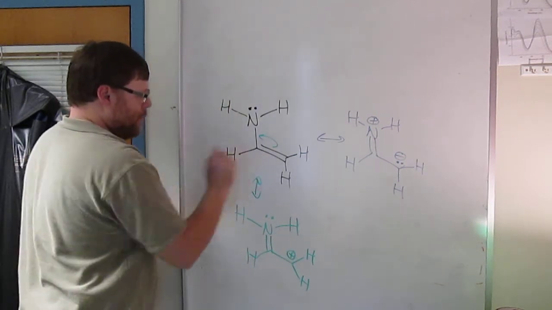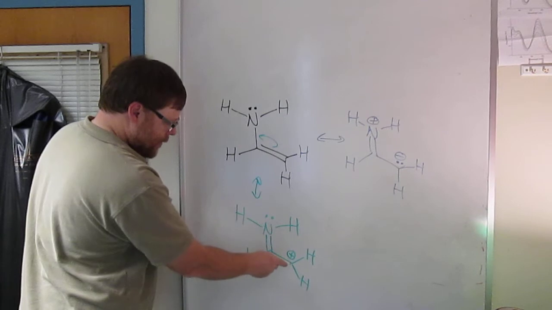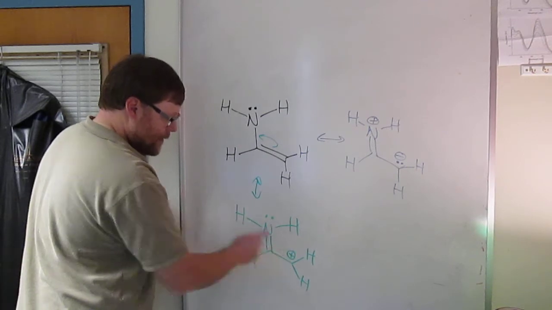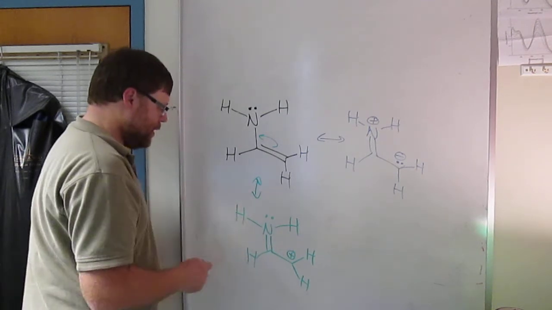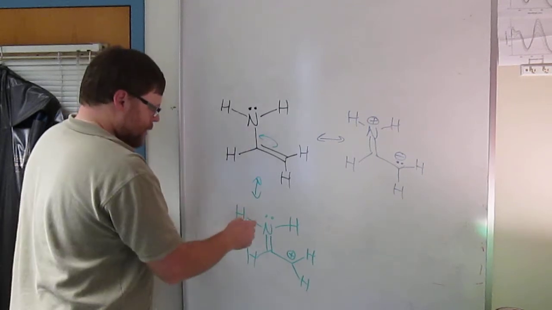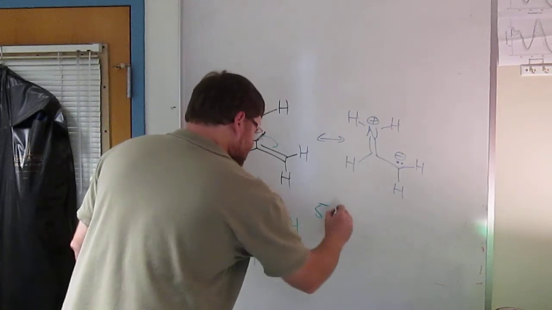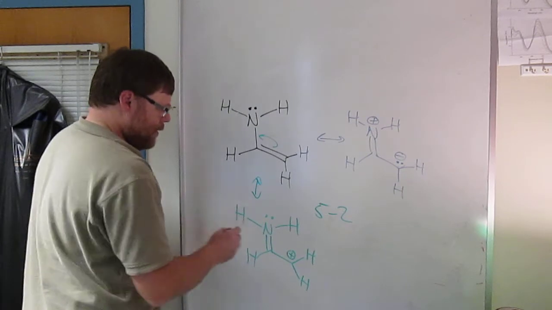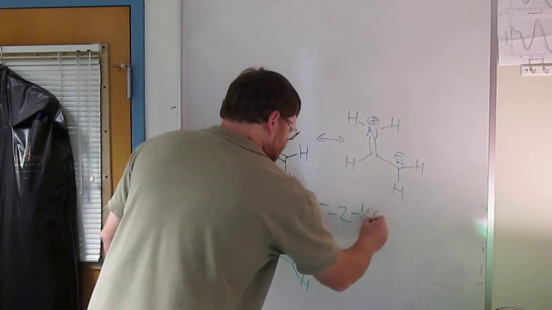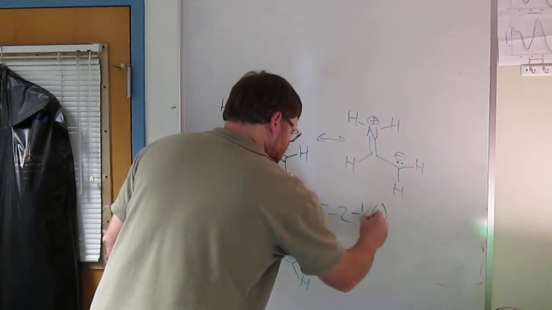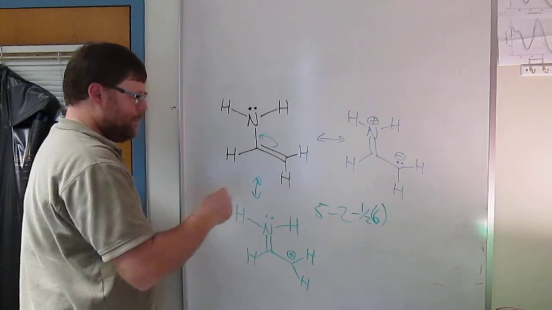Electrons move away from a neutral atom, that atom becomes positive, and you can check that. 4 valence electrons minus half of 6 shared electrons is +1. Nitrogen, so 5 valence electrons minus 2 in the lone pair minus half of 6. 5 minus 2 is 3, minus 3.